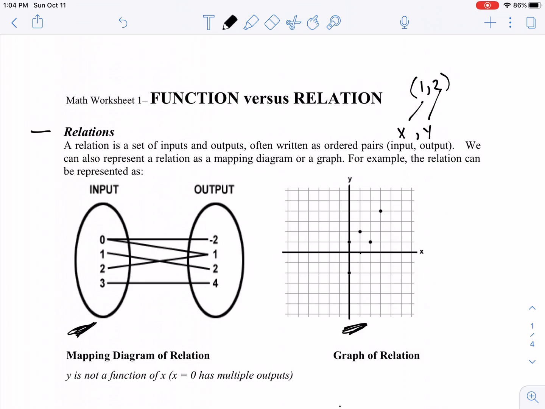Sometimes it could be represented as a set of points on a graph, just like we saw a second ago. But a relation pairs an input X with an output Y. Whether we're talking about input or output, X and Y, those names can be used interchangeably. In one of the videos, we'll talk about domain and range, but at the moment, I just want to focus on input X and output Y.